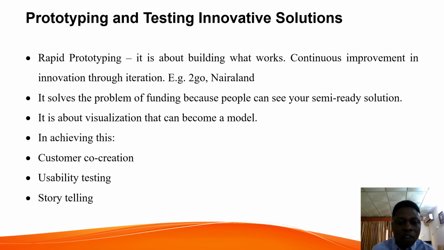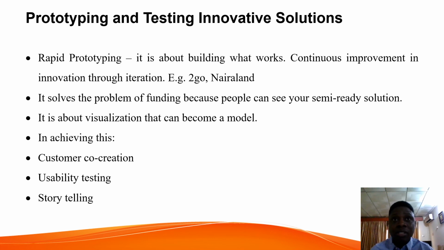Rapid prototyping solves the problem of funding because people can now see your ready-made or semi-ready-made solution. When they see it and see that it will address the needs, they can bring out money to support your programs and the product implementation. Rapid prototyping is very important.